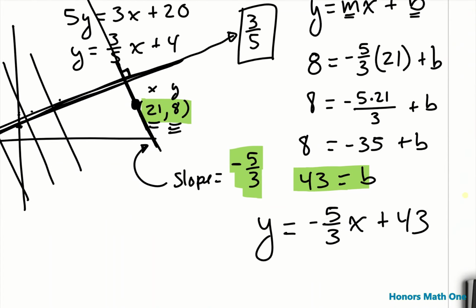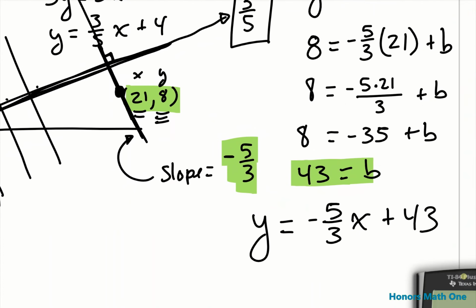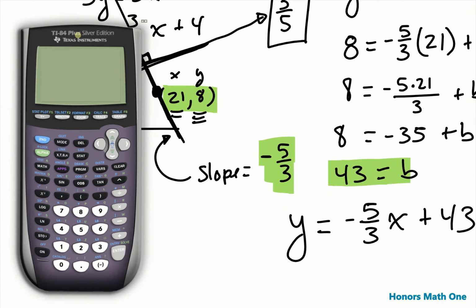And the other thing that has to be true is if I plug in the number 8 in, oh no, I'm sorry, if I plug in 21 in that equation, it should give me 8. So just to verify, I'll go ahead and go negative 5 times what 21 is x, and then I'll divide by 3, and then I will add to that plus 43.